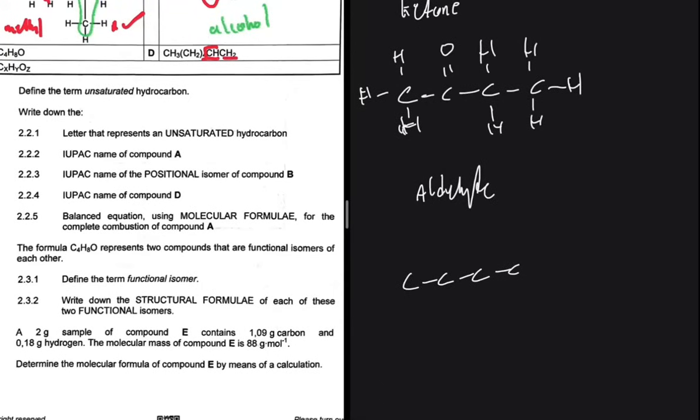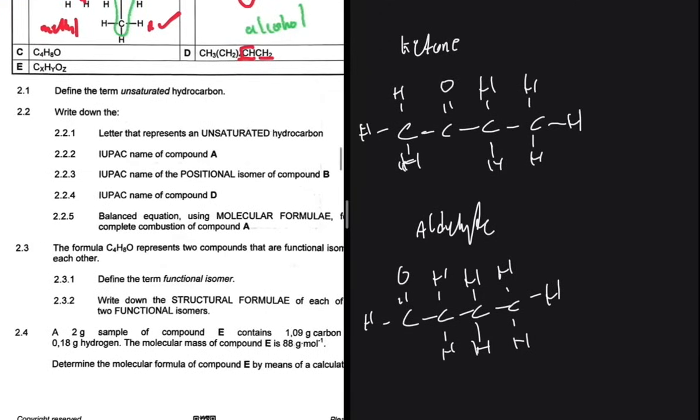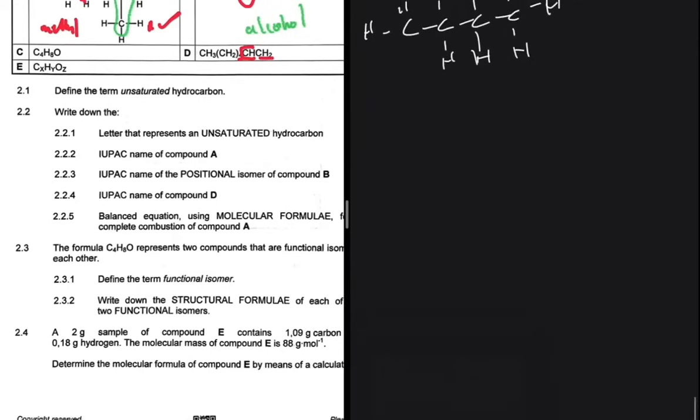The only difference now is that we have to put the double bond oxygen at the end. If we put it at the end, it's no longer a ketone, but it is now an aldehyde. So there we go, hydrogen. Just like that, we have answered 2.3.2. We have our ketone there and our aldehyde. The last question, 2.4.